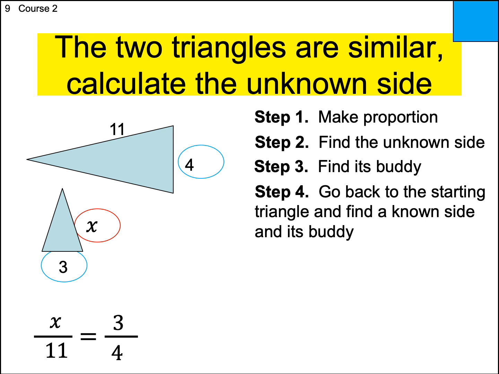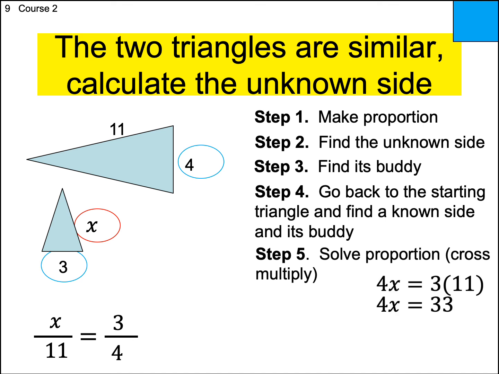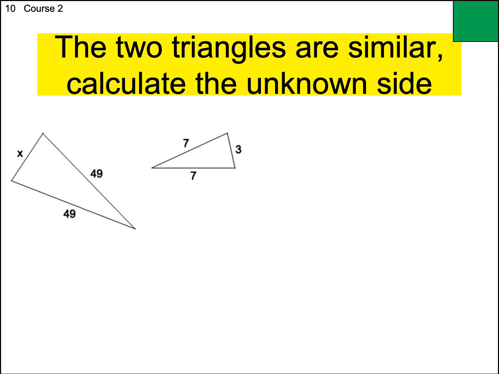You can go either way. If you want to start with the small one and go to the large one, that's fine. Or start with the large one and go to the small one, that's fine as well. For me, I always start with wherever the x is, the variable. So that would give me 4 times x is equal to 3 times 11. This one's going to be an ugly answer, but it's still okay. The process is okay.